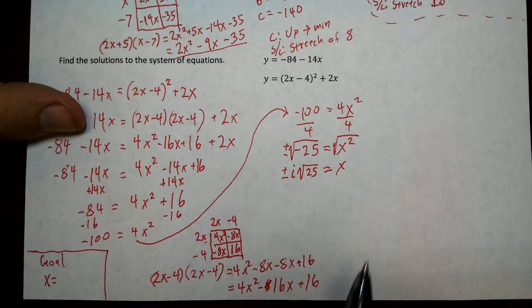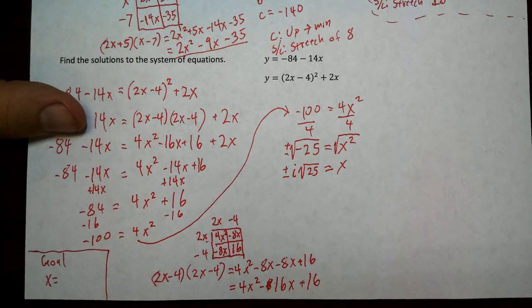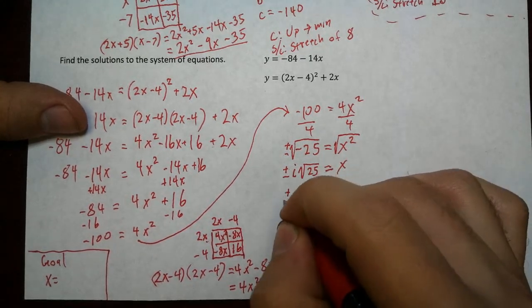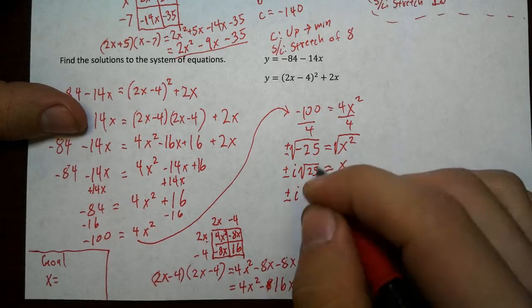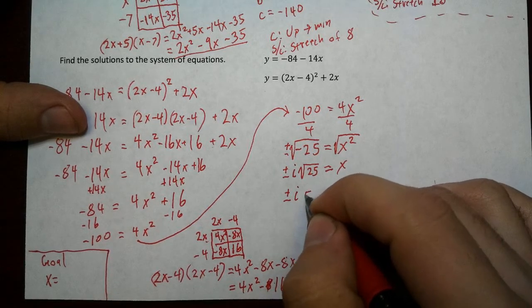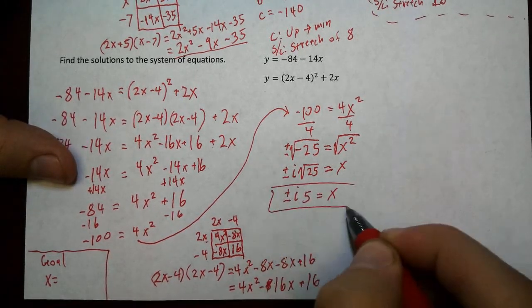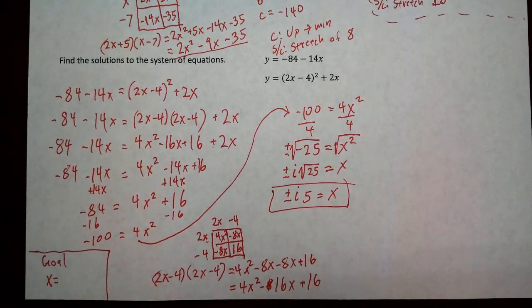And that square term goes away. And so the square root of 25, as we know, is just 5. So plus or minus imaginary 5 equals x. Beautiful. We're done, right? Oh no.